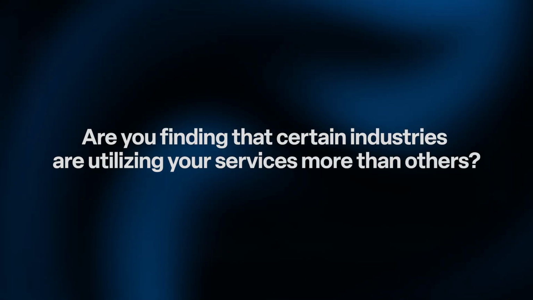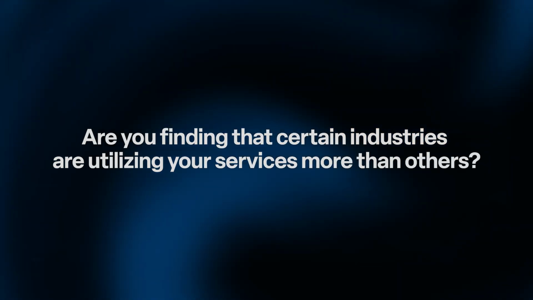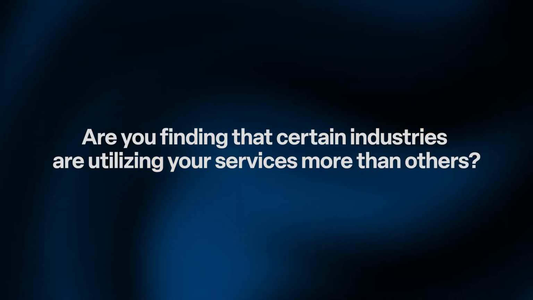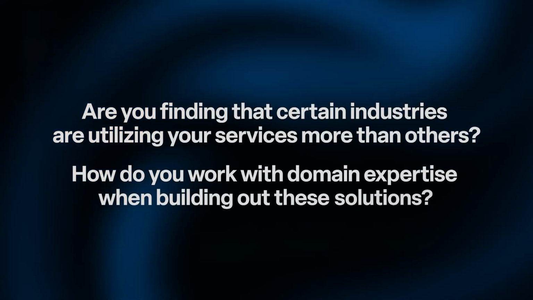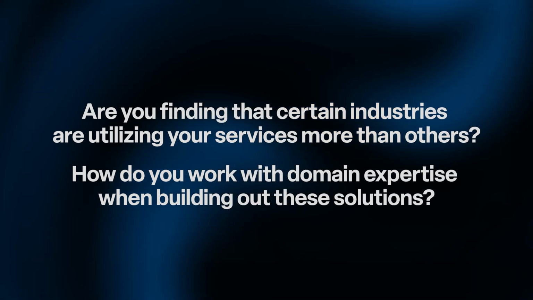Are you finding there are certain industries that are taking up your services versus other industries? I mean, we just had a good example there of, let's call it, the academic domain compared to the product domain. So if you can talk to that, and also how do you work with domain expertise when you're building out these solutions?